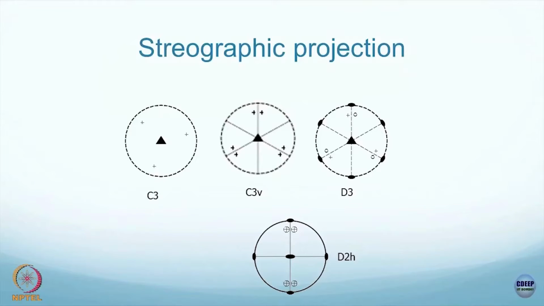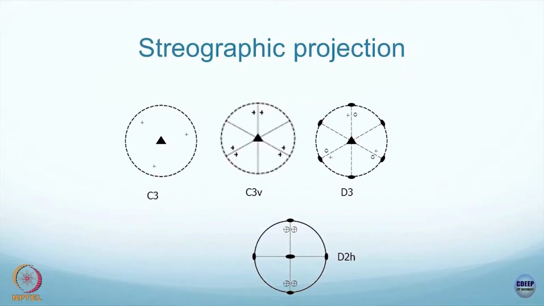If you do D2H, what happens? Every element you have to do a mirror reflection on the xy plane. Object in front of you goes behind you. So, that is why you have both plus and minus. Plus is for the filled circle and circle is the hollow circle. So, I put both together.